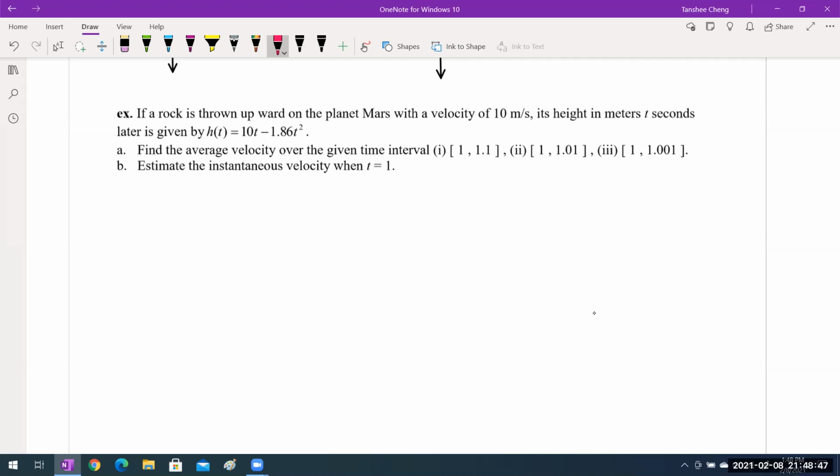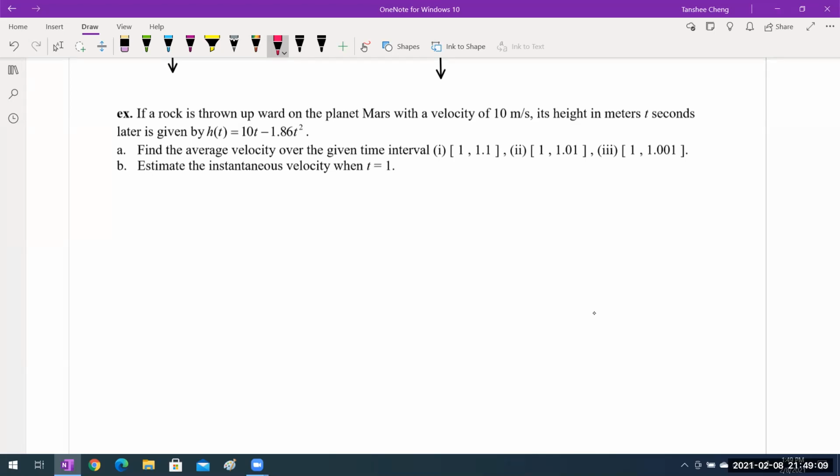Part A asks us to find the average velocity on a certain time interval. Then we're going to use that to predict what the instantaneous velocity might be at t equal to 1 second.